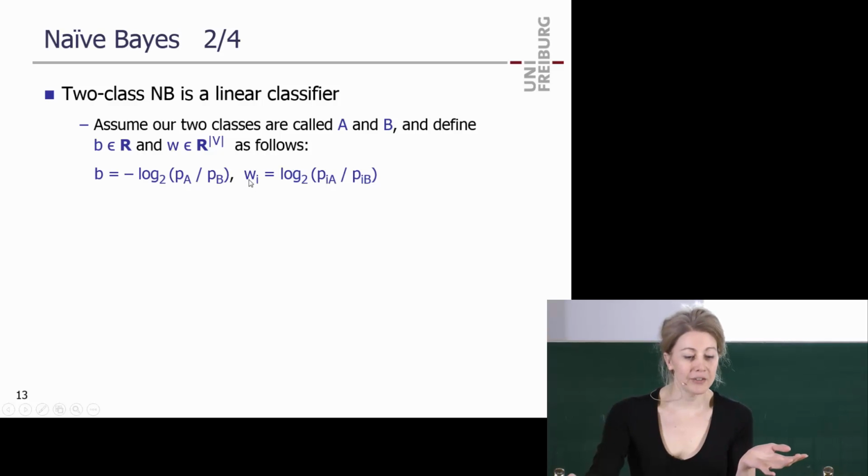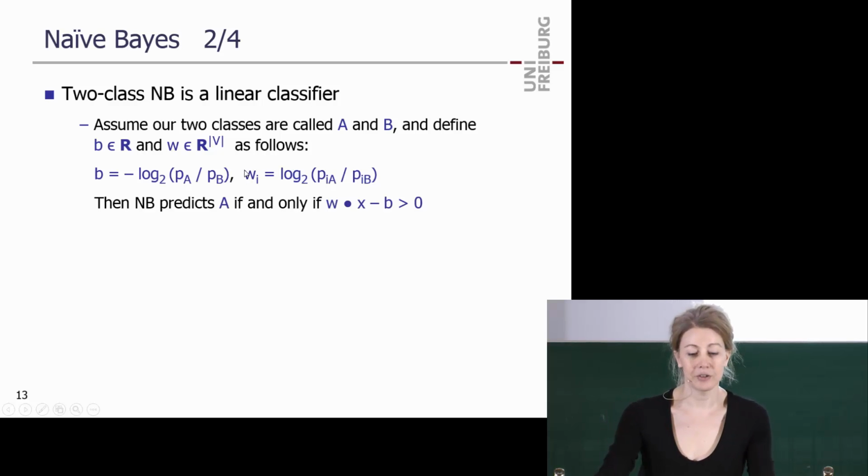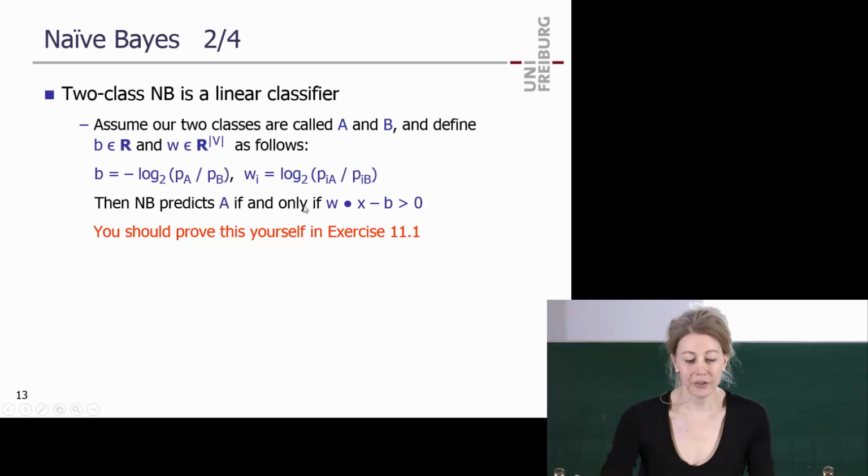And now this defines a hyperplane. If you do prediction according to this hyperplane, it's exactly what naive Bayes does, right? Which means it says A if this is greater than 0, and otherwise B, and if it's equal to 0, it means same probabilities for both classes, right?